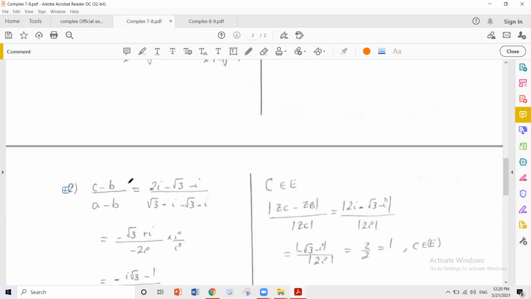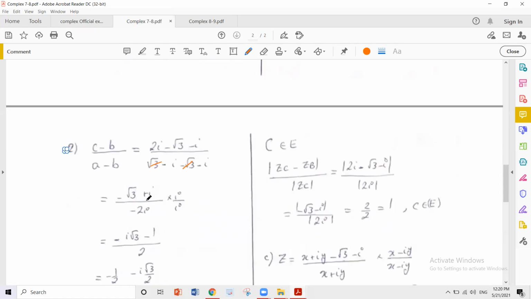So C minus B over A minus B equal 2I minus radical 3 minus I over radical 3 minus I minus radical 3 minus I minus radical 3 plus radical 3. So minus radical 3 plus 2I over minus 2I.